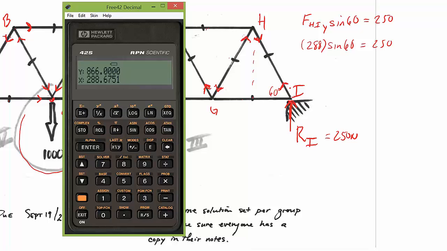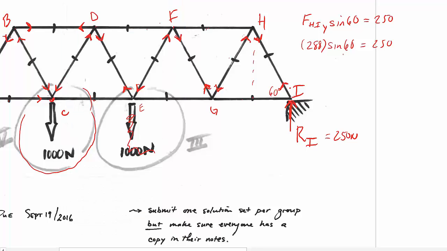Right? 288 sine 60. There you go. So we actually don't really need to calculate any of these beams. Again, they're all the same. They are all 288. The horizontal beams, though, those will need to be calculated each time, I think, or at least a few more times to figure out the values of each particular one.